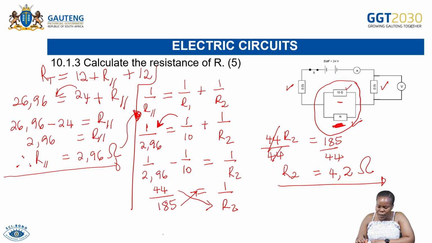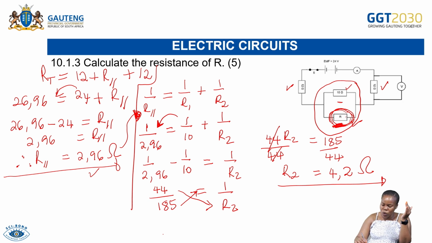So if this one is burned out, that unknown R that we found later to be 4.2 ohms. Before it burns out, the parallel resistance was 2.96. But if it burns out, it rules out the need to calculate the resistance in parallel.